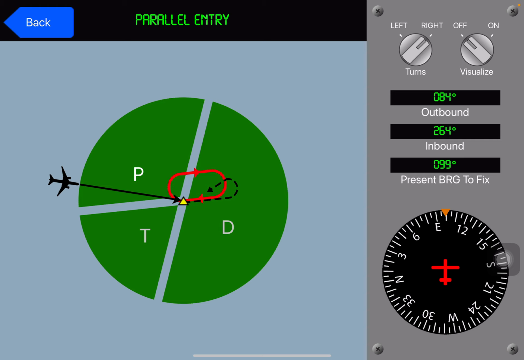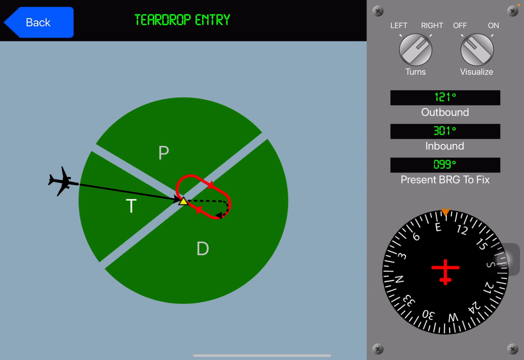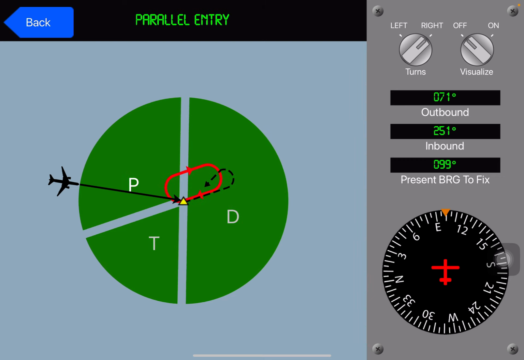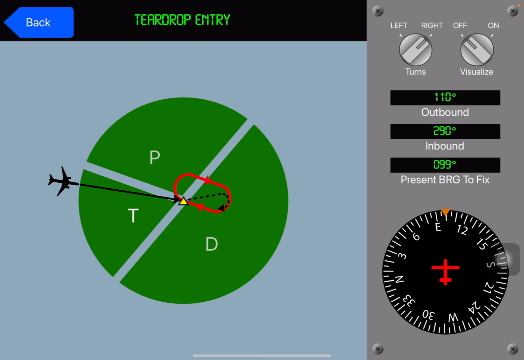If extending the black arrow, if not changing your heading, if not making a turn once you cross the fix, leaves you outside of the holding oval and protected area, then you need to make a parallel entry. If extending your heading puts you inside the protected area, then you make a teardrop. Outside parallel, inside teardrop.